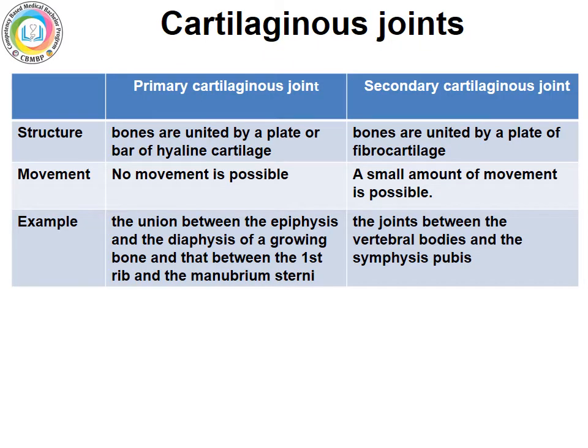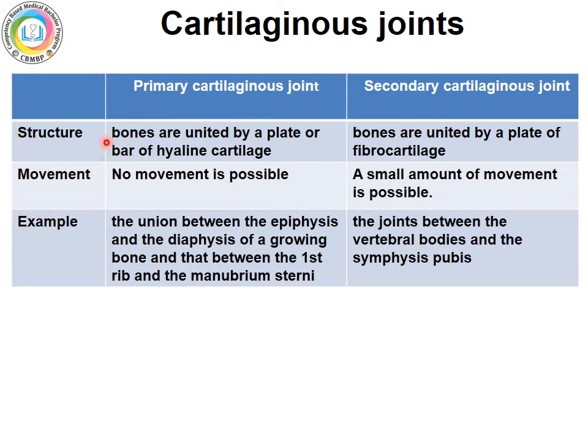Cartilaginous joints. We have two types of cartilaginous joints, primary cartilaginous joints and secondary cartilaginous joints. Now let us differentiate between both types. We will differentiate about the structure, the movement, and the example.